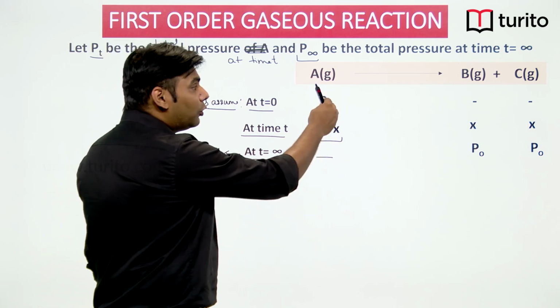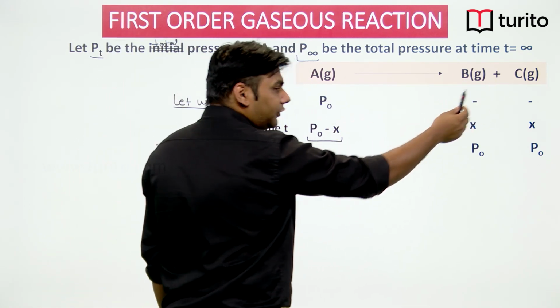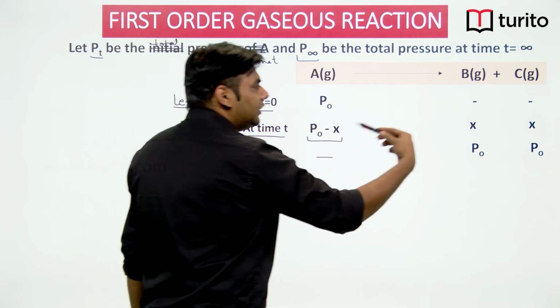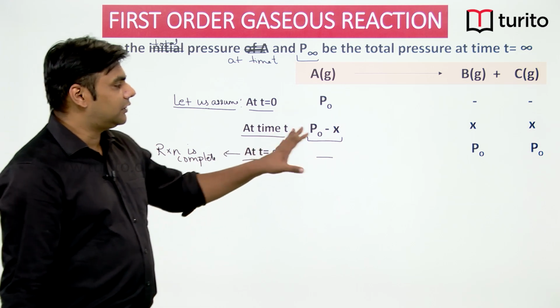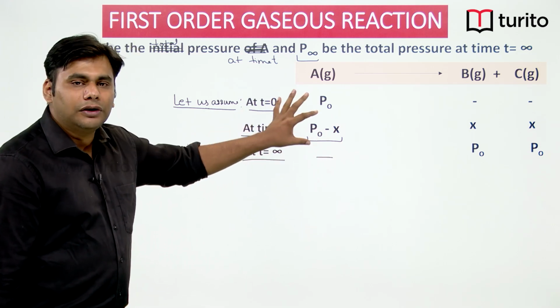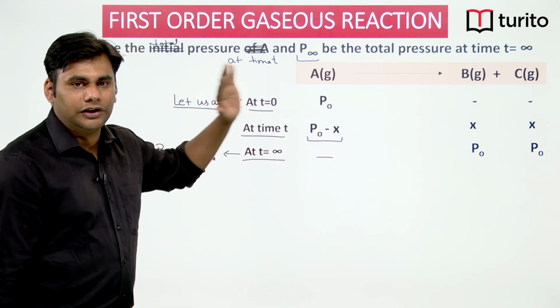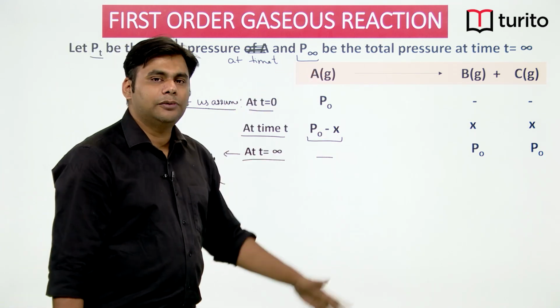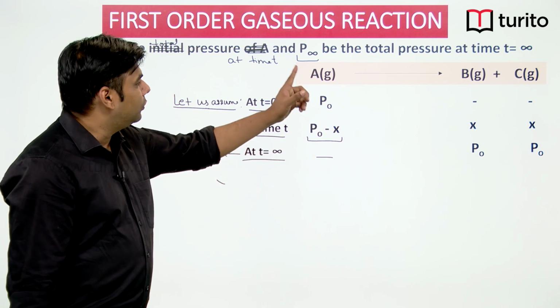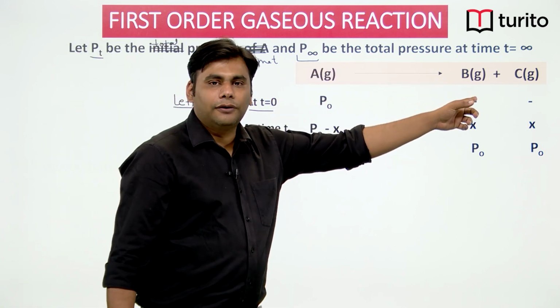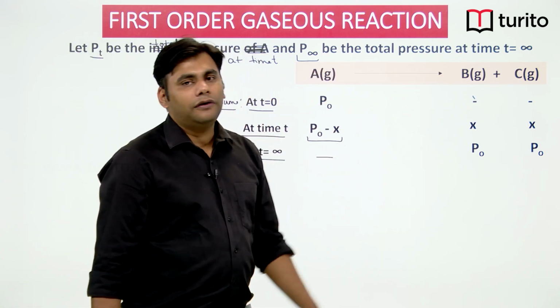Now we know that 1 mole of this forms 1 mole of B and 1 mole of C. So the P naught amount would change into P naught of B and P naught of C. I hope this step is clear to everyone, because at time t equals infinity, the reaction has gone to completion, which means the reactant has been consumed completely. We know that 1 mole of A gas forms 1 mole of B gas and 1 mole of C gas.